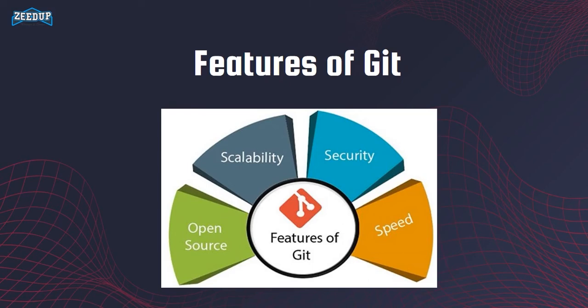It uses the SHA-1 function, that is the secure hash function, to encrypt the objects in its repository. You can use the SSH protocol yourself to make sure that whatever changes you make to your repository from your local machine are tracked and well encrypted.